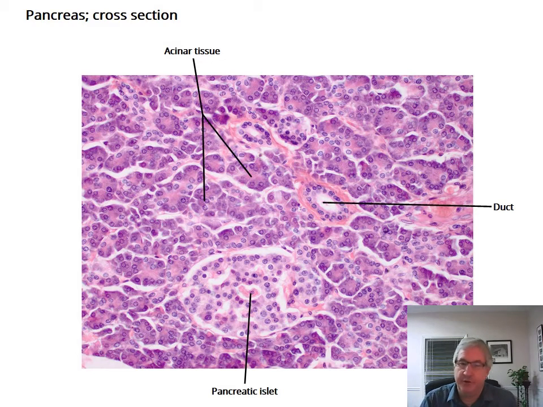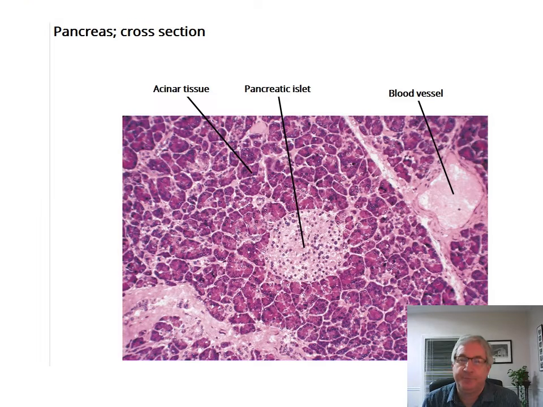They're wrapped in a little baggie, I guess, as they go down the duct, so it doesn't digest things as it's going along until it gets to the small intestine. When it gets to the small intestine, then those proteases and lipases and amylases are all released and they break down. Amylases break down sugars, lipases break down fats, and proteases break down proteins.